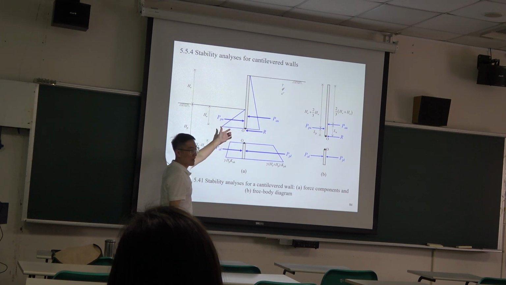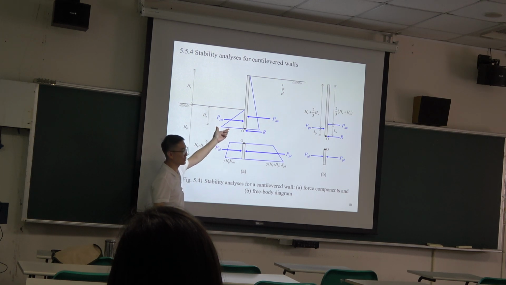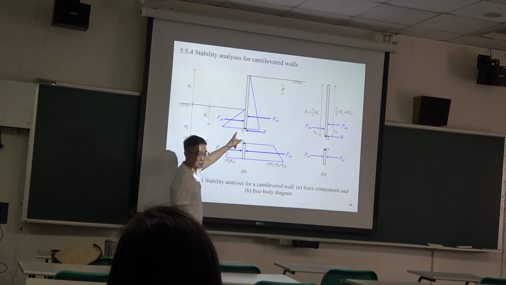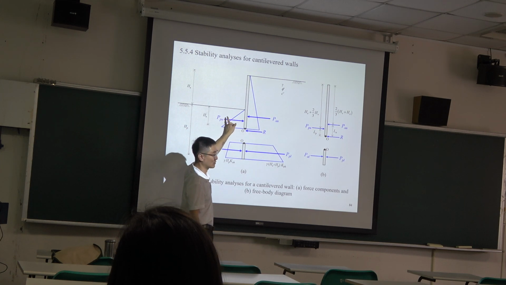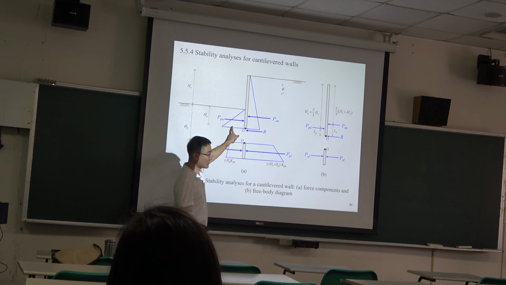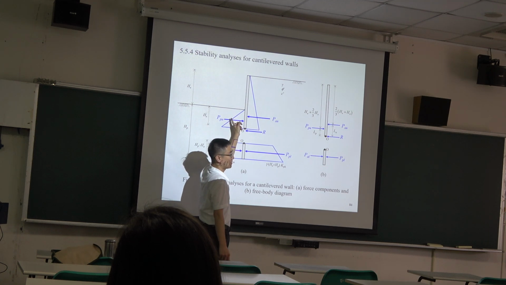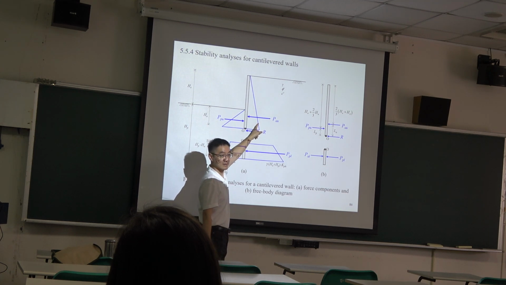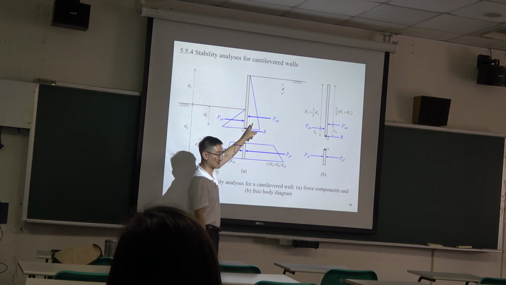Then we know the passive distribution, which is also a triangle, so we can work out its resultant. Theoretically, these two will not be the same.